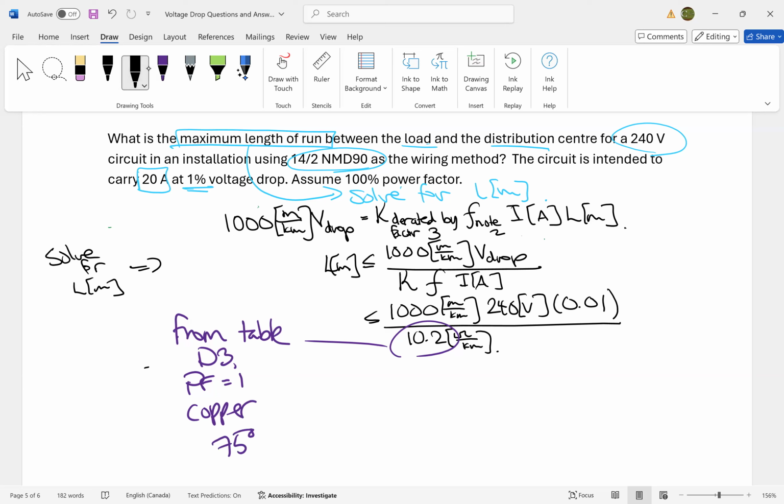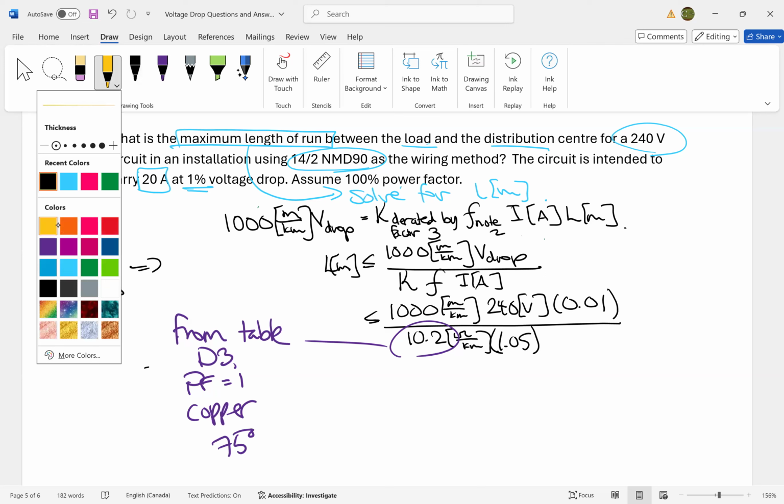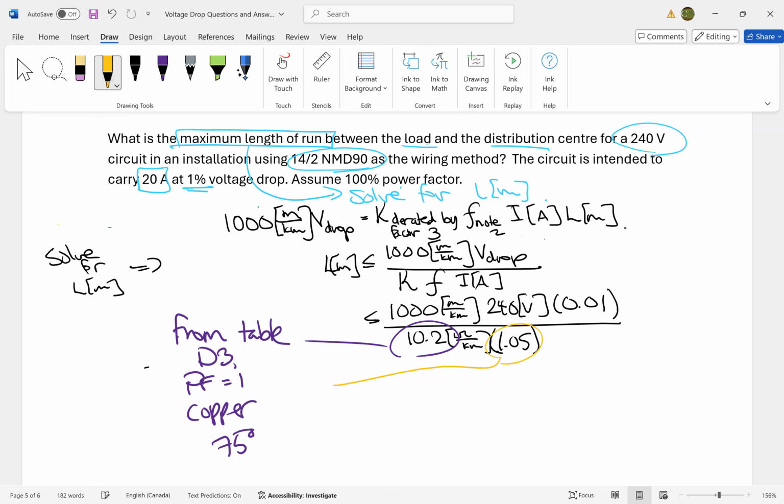All right, then F is 1.05 from table D3 note 2.